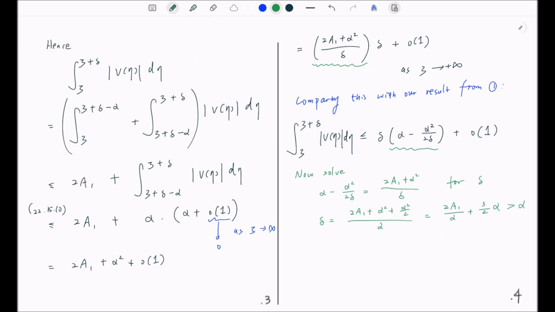And we put alpha prime equal to alpha minus alpha squared divided by 2 delta, which is a number less than alpha. And this is exactly what is in these two parentheses. And we will use this later.